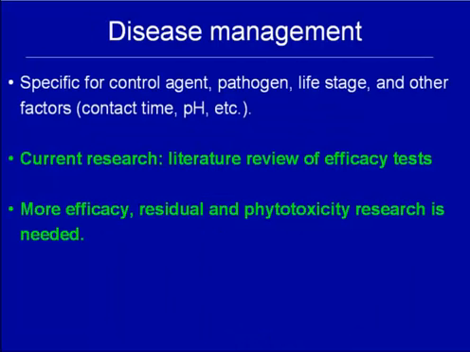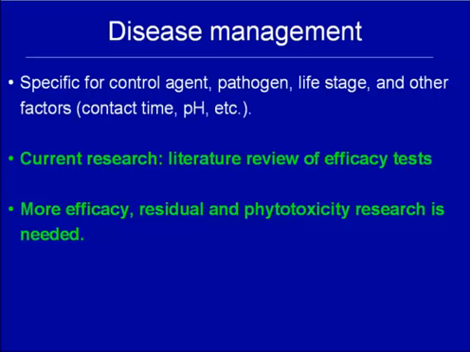So when it comes to disease management, the parts per million that we need is specific to the control agent, whether it's copper or chlorine, chlorine dioxide, the pathogen, for example, Pythium versus Fusarium, the life stage, such as conidia or zoospores, and other factors such as contact time and pH.